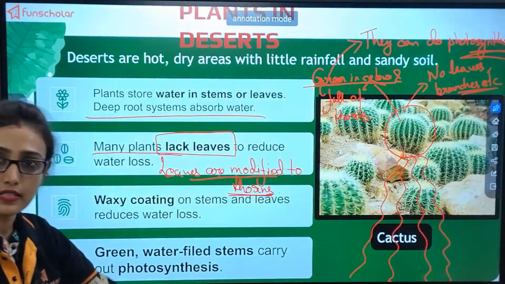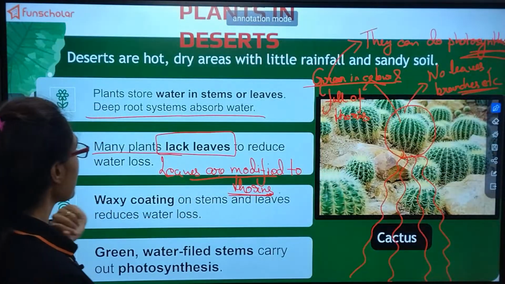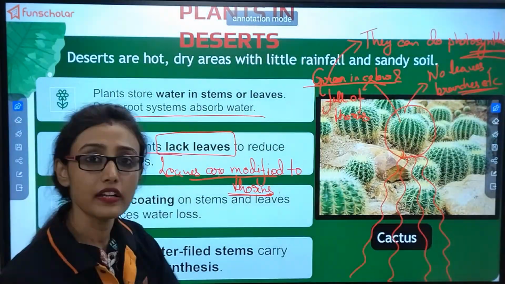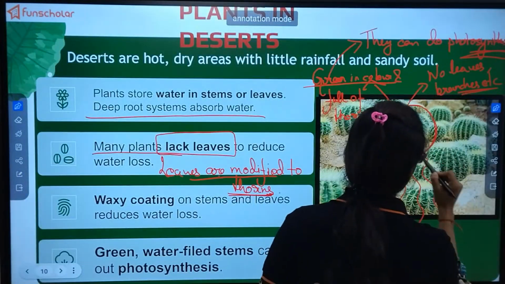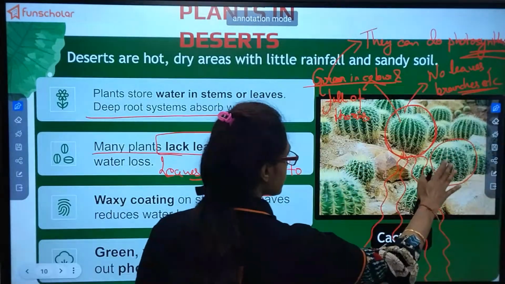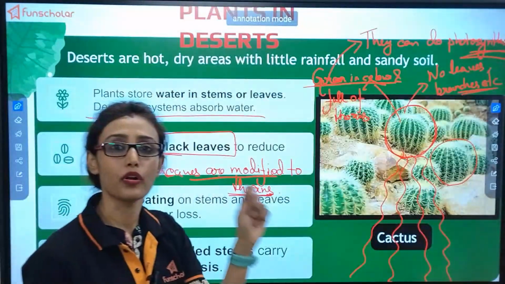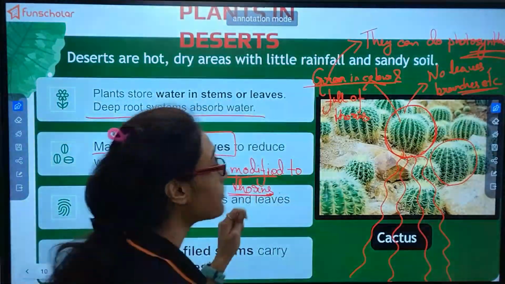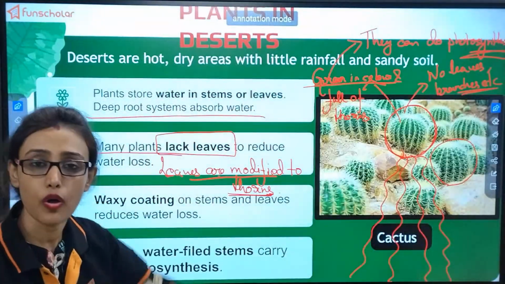Okay, deep root system, why? Understood. Why thorns? Understood. And they store water where? This is the stem. So they store the water here, they store the water in the thorns, which are the modified leaves, okay. They have no leaves, they have thorns.